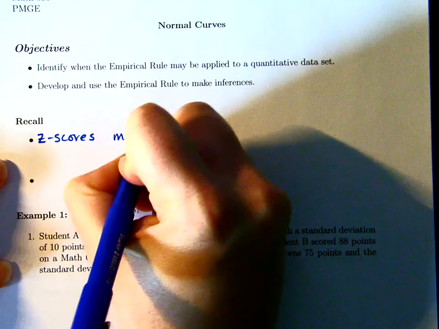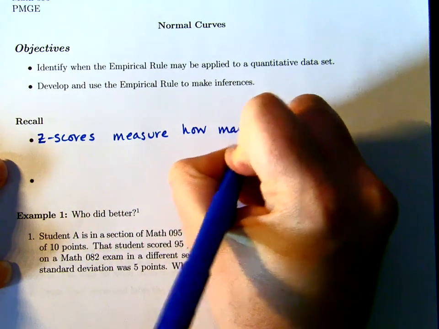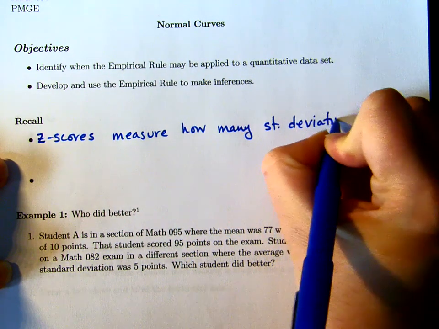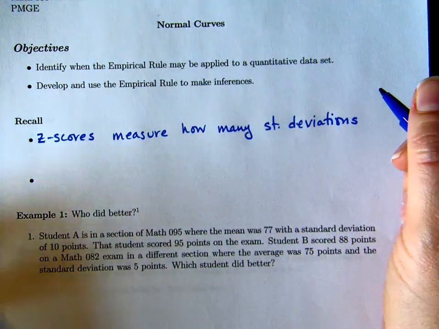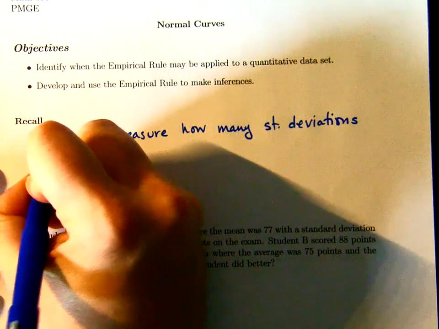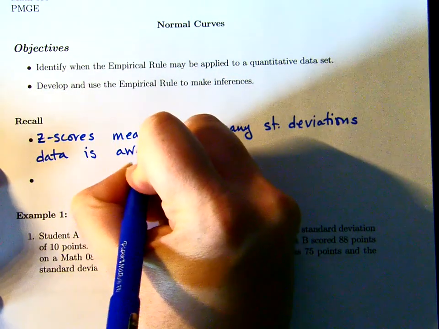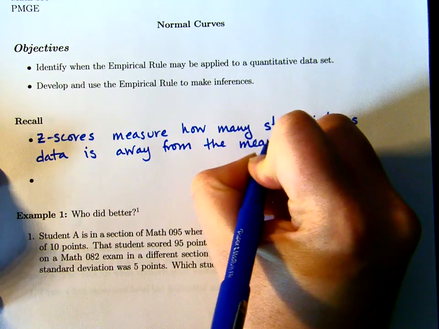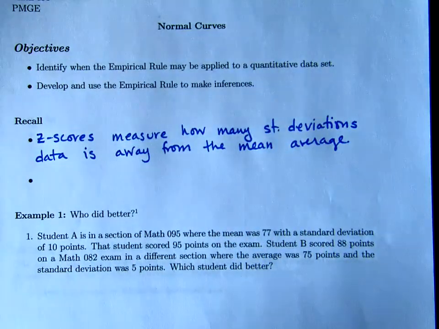Z-scores measure how many standard deviations data is away from the mean average. Okay, that's what a Z-score is.